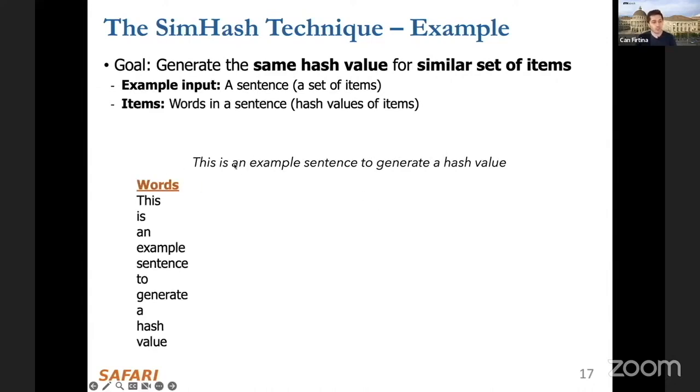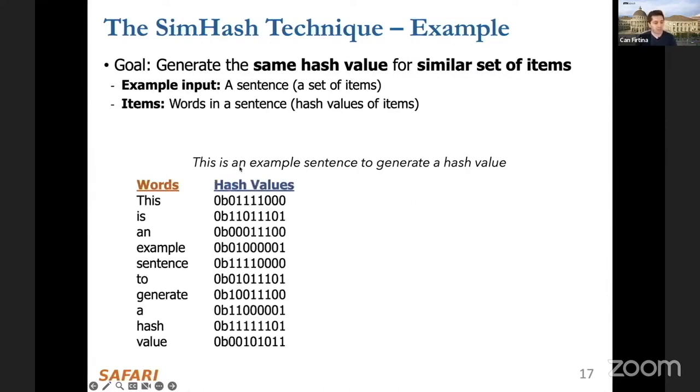The set of items would be the words in that particular sentence. Or you can just assume that the hash values of these words, because what we essentially do is that after identifying the words or the items in the set, we start working with the hash values of these items in the set.